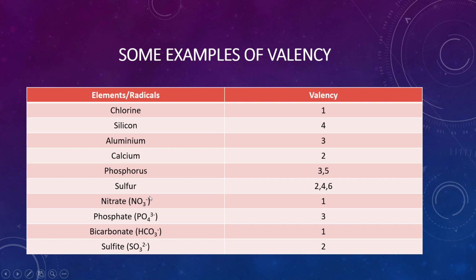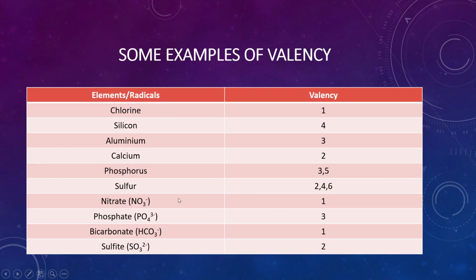It's an ion, so it's not in a complete structure. Actually, it can form a compound with a metal ion. Metal ions are positively charged, so it will form a compound with a positively charged ion.